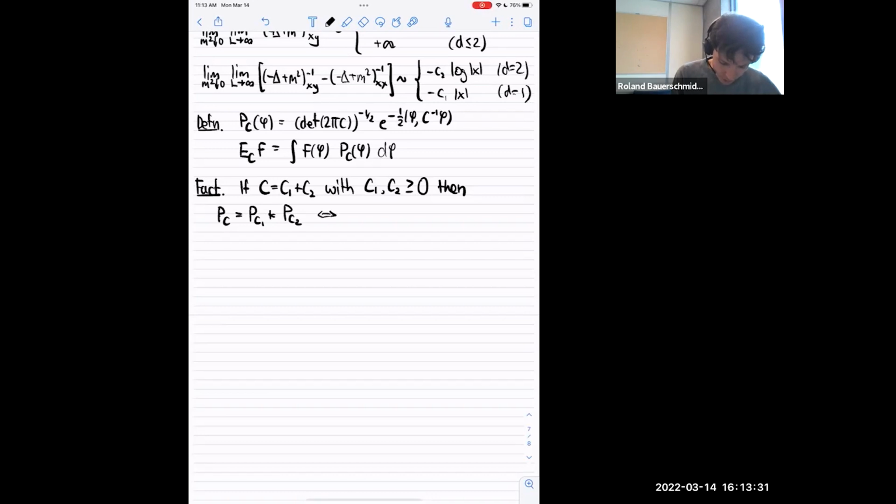Or equivalently, you can do the expectation with respect to the Gaussian measure of covariance C by doing first the one with respect to C1 and then the one with respect to C2, say phi 1 plus phi 2.